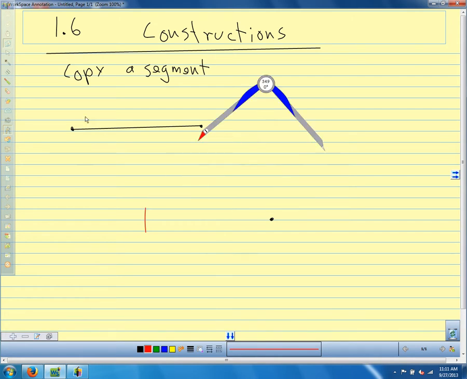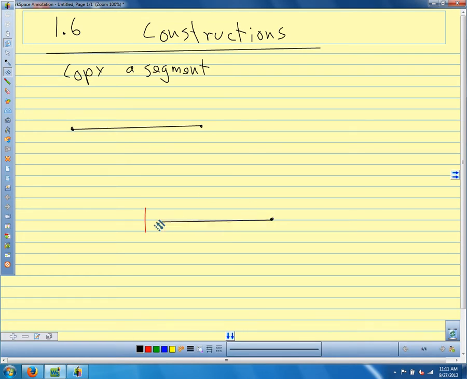Get rid of the compass, and then I would use a straight edge, a ruler, something, to draw a straight segment between the points and the arc that I made. And there's a segment that's exactly the same length as the one I wanted to have before. So I've made a congruent segment.